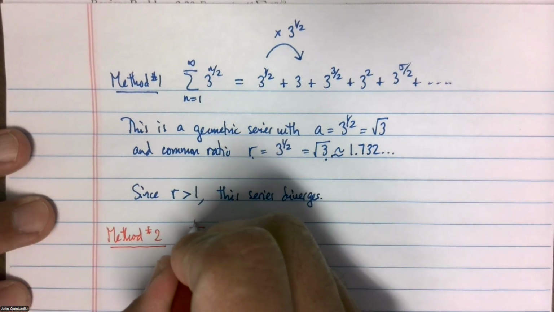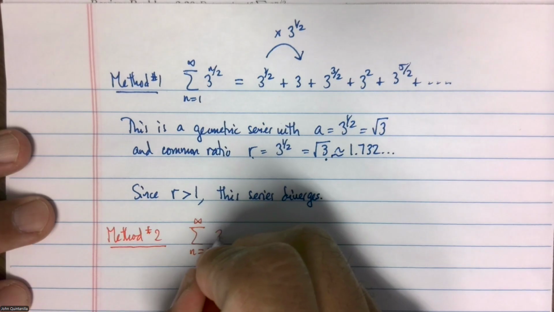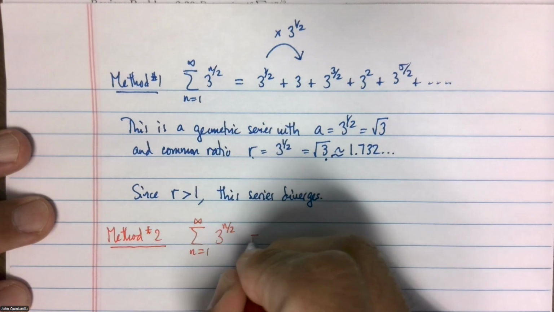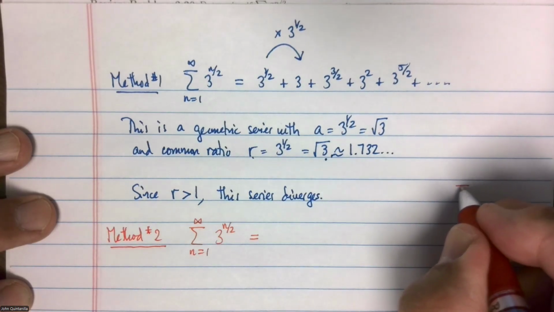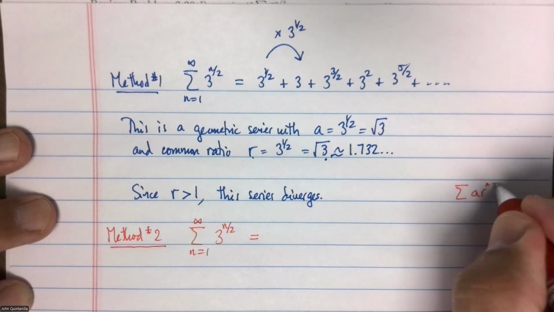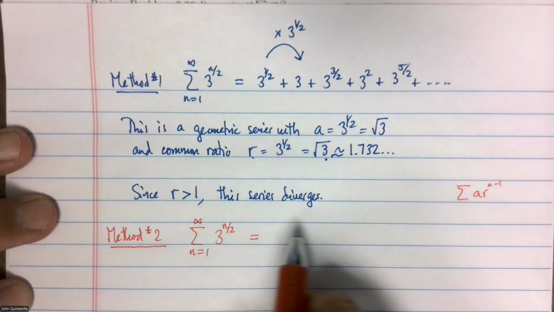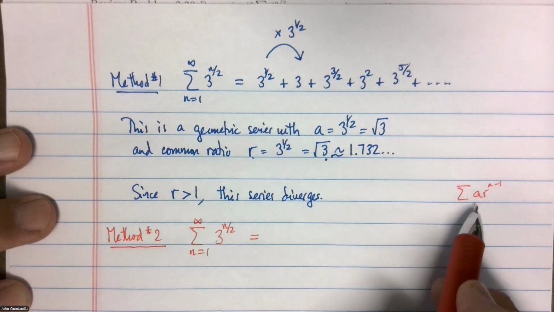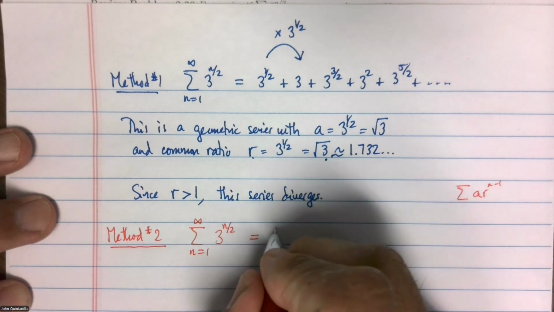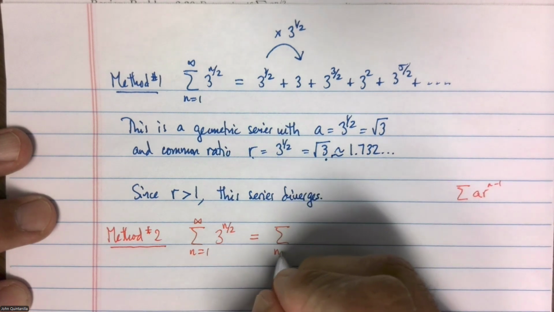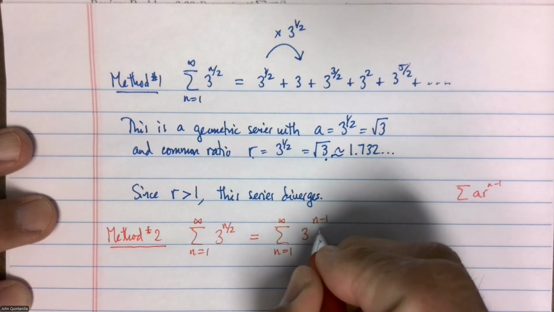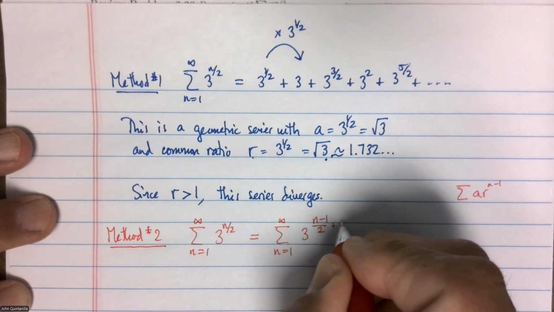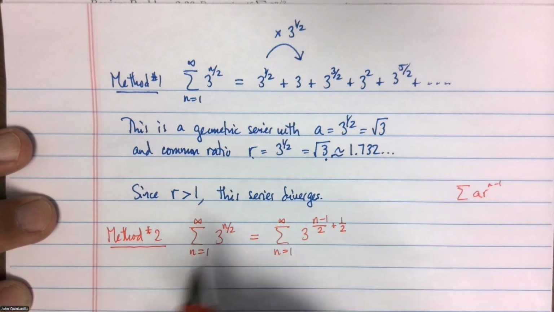The summation from n equals 1 to infinity of 3 to the n over 2. Now, this is not exactly in the form of a geometric series. A geometric series has the form summation of a times r to the n minus 1. And so let's force this to have the form r to the n minus 1. So I will do this: summation from n equals 1 to infinity of 3 to the (n minus 1) over 2 plus 1 over 2.